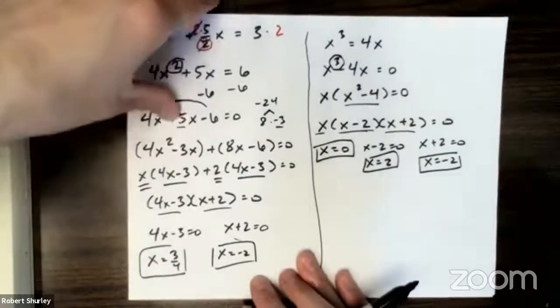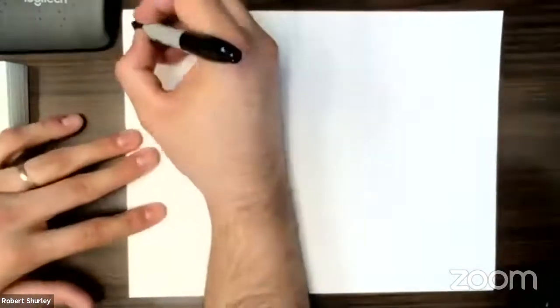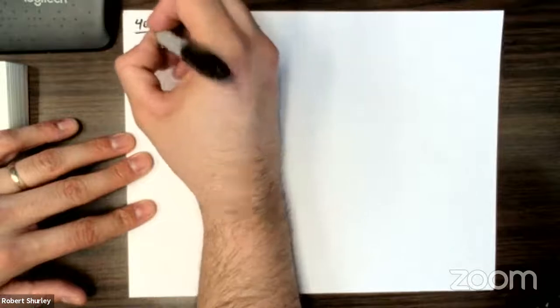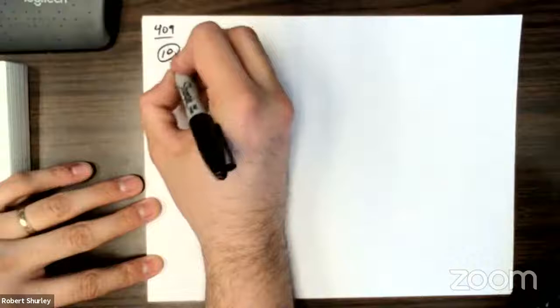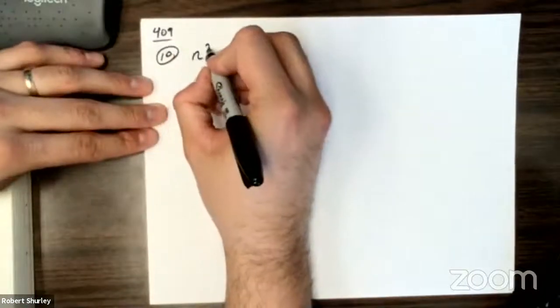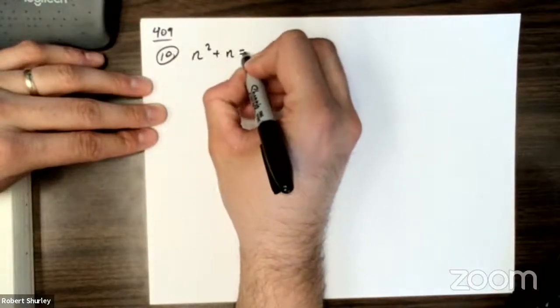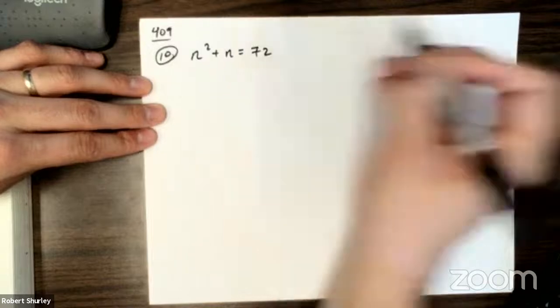Okay, so let me dig some examples up, kind of make a little quiz to see where you're at. And I'll choose them straight from the homework for us. Let's look. This is on page 409. We'll just do a little quiz here. Let me do all evens. Let's do number 10, which states n squared plus n equals 72.